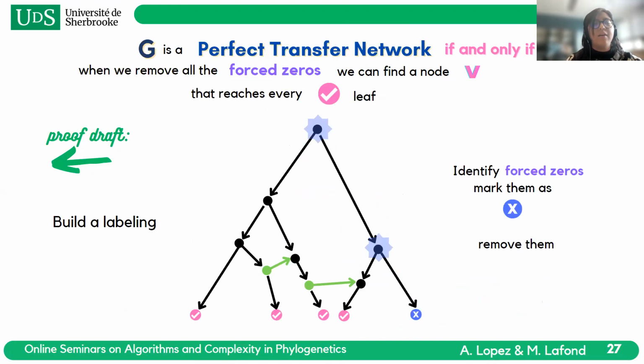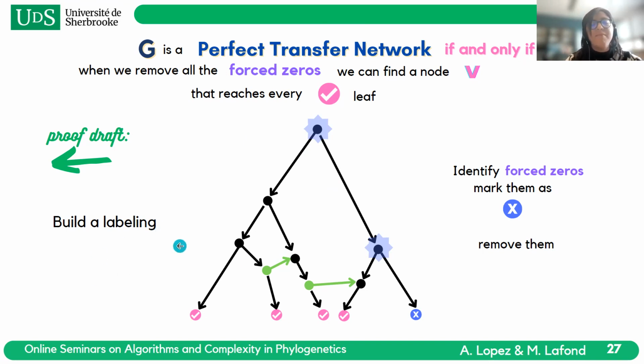And in the other direction, we need to build a labeling that fulfills our definition of perfect transfer networks. This direction actually implies the algorithm that will serve us to identify whether something is a perfect transfer network or not.